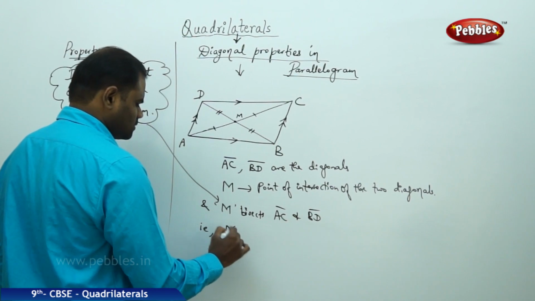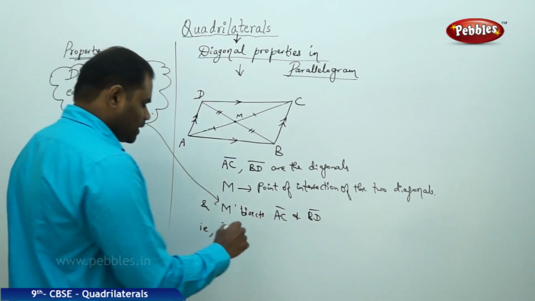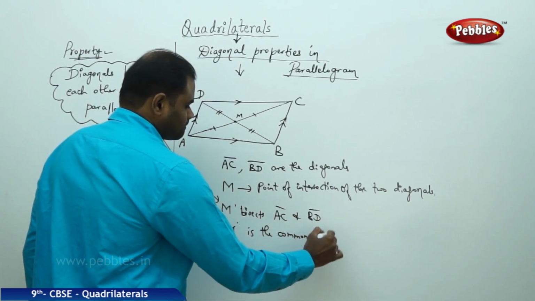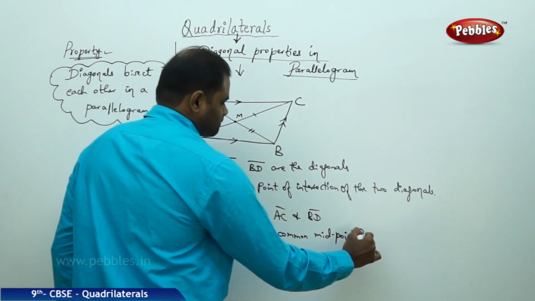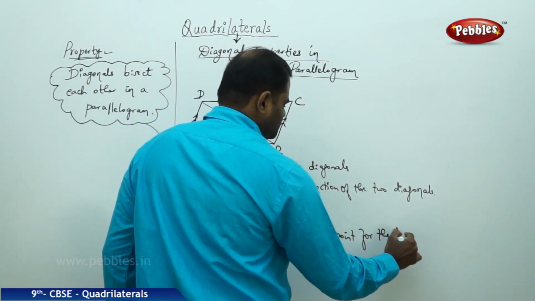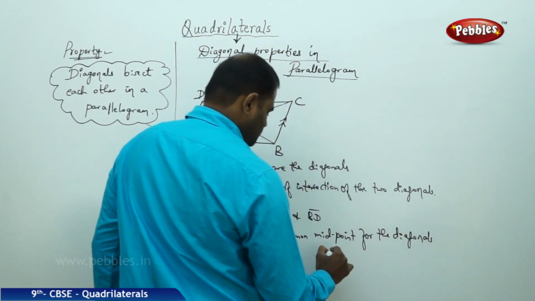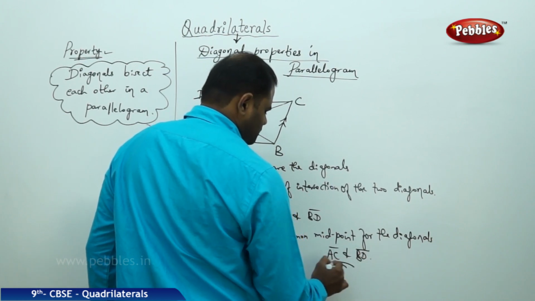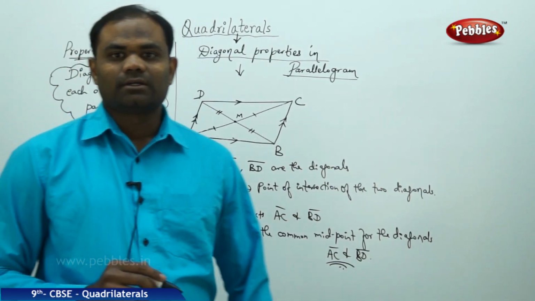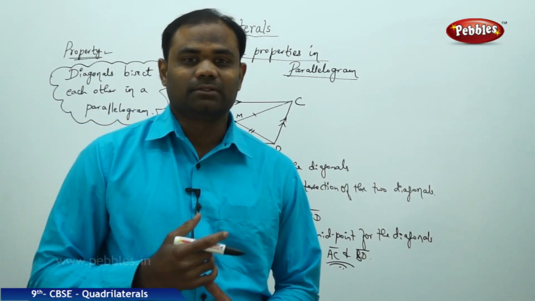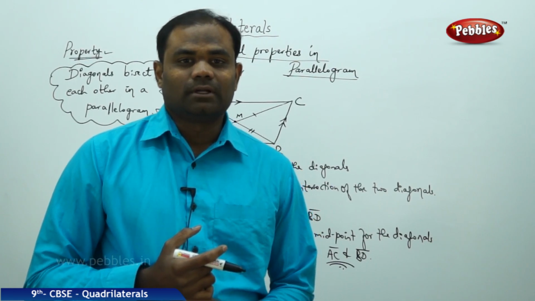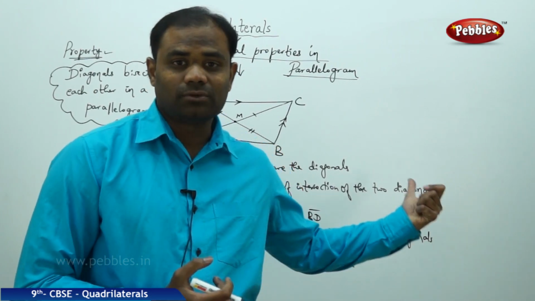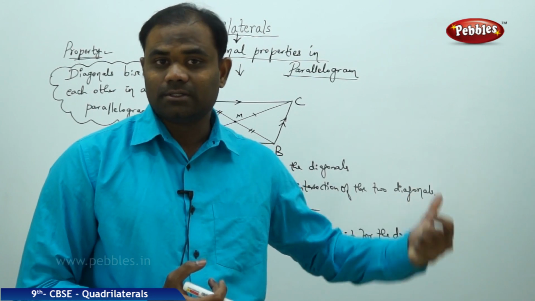In simpler terms, M is the common midpoint for the diagonals AC and BD. That is how we understand the diagonals bisecting each other. The diagonal property, diagonals in a parallelogram bisect each other, is how we understand it through the parallelogram ABCD.